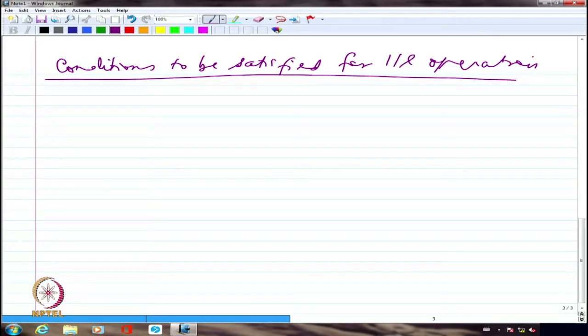So very clearly, I can't have one of the transformers in ABC phase sequence, the other one in ACB phase sequence. This cannot be done. Both have to have ABC and ABC power supply. Only then I can connect them in parallel.